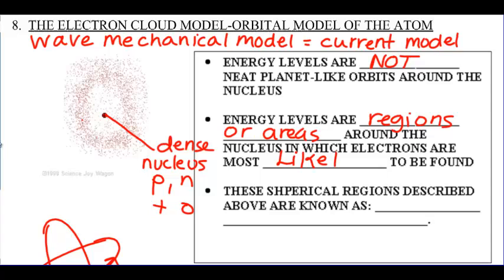But it is not a specific path. That's very important. These regions where there's a good chance of finding an electron are known as orbitals.